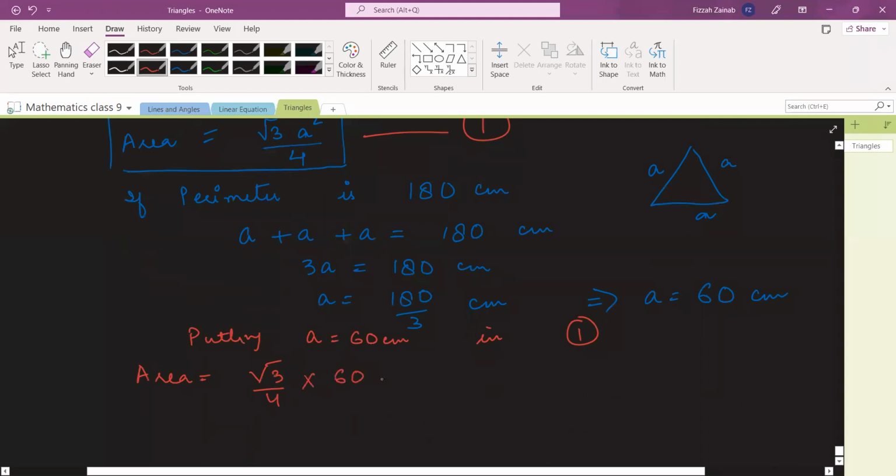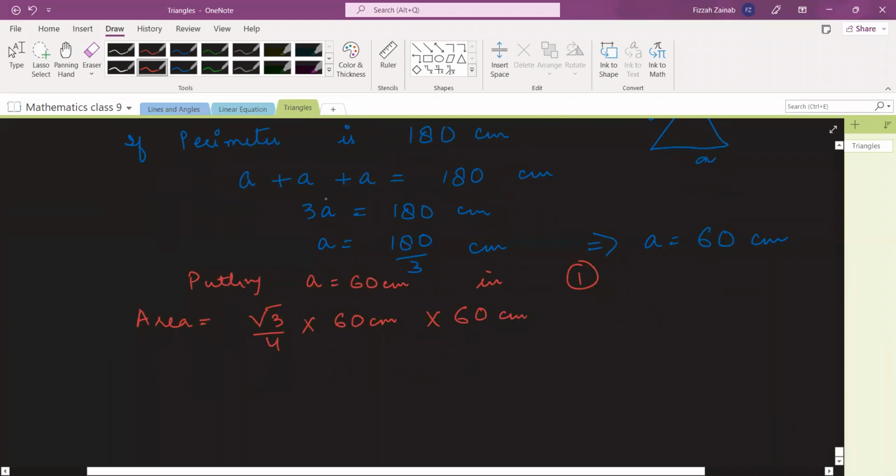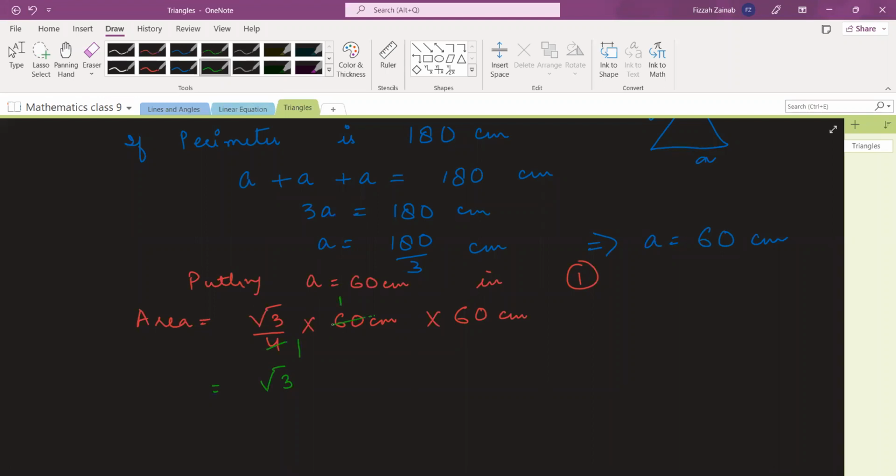That means 60 centimeter multiplied by 60 centimeter, right? Okay. So you can simplify. So under root 3 and then 1 by 4, 4 can be cancelled here. So 4 into 1 and then 4 into 15 is 60. So 15 times. Okay, so now this is under root 3 and then 15 into 60, 15 centimeter into 60 centimeter.